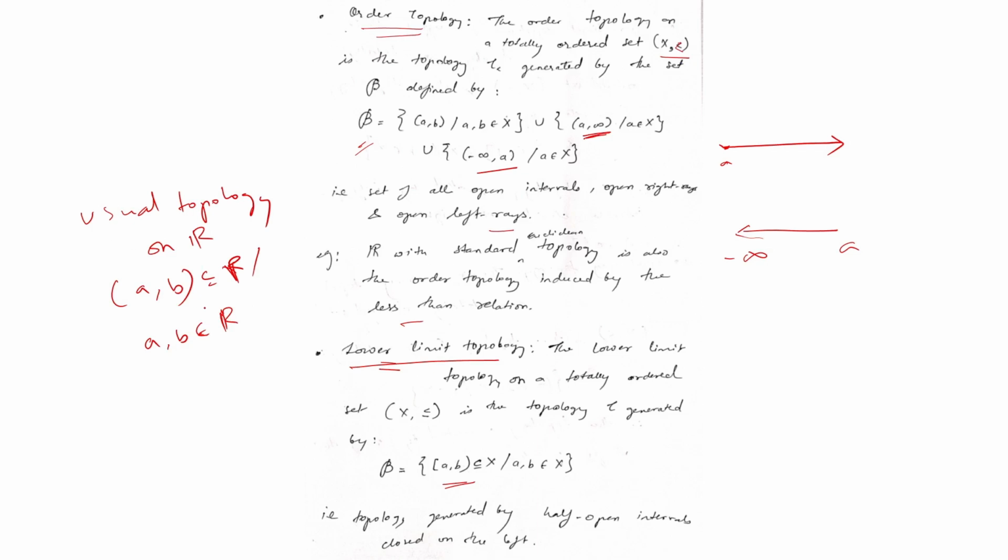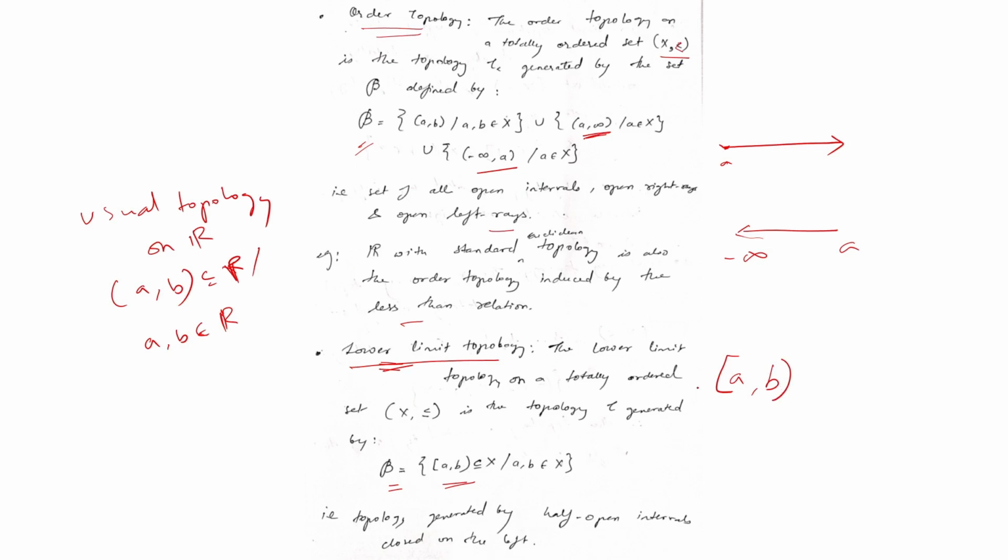If you know about usual topology, then similarly, lower limit topology has a similar kind of basis, where our intervals are closed at the lower end, that is at the infimum end. It will be closed at A, and at the upper limit it will be open.